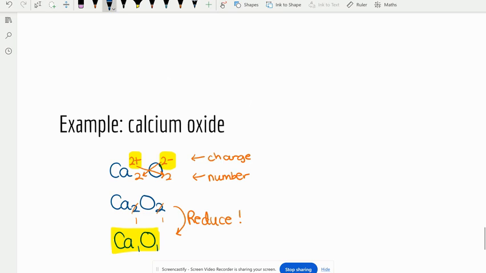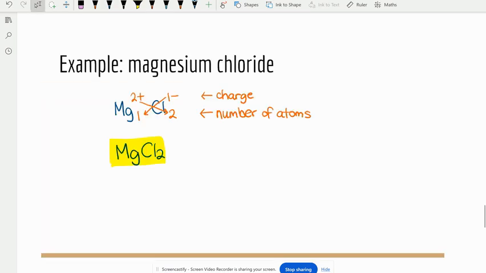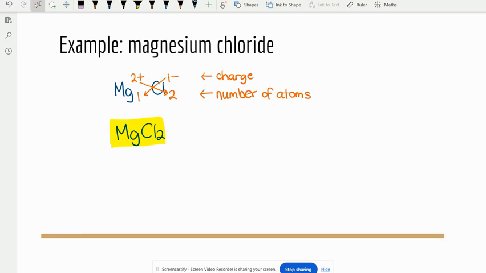Let me go back to our previous example and let's find the net charge here just to show you and confirm. I have 1 magnesium, right? I have 1, which has a charge of +2.